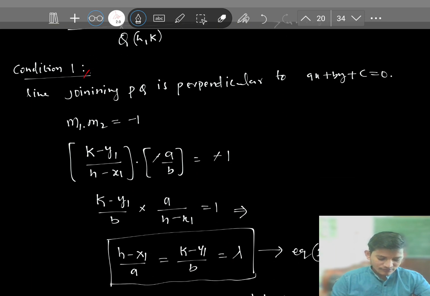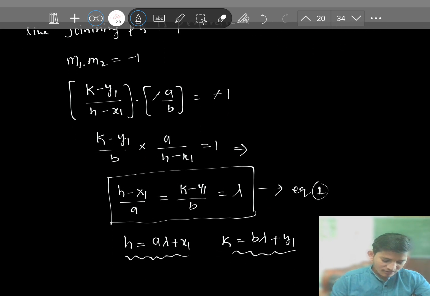So I can write, when it comes to condition number 1, the line joining PQ is perpendicular to ax plus by plus c equals 0. Let's say M1 is the slope of the line joining PQ, and M2 is the slope of ax plus by plus c equals 0. When two straight lines are perpendicular to each other, the product of their slopes must equal minus 1.